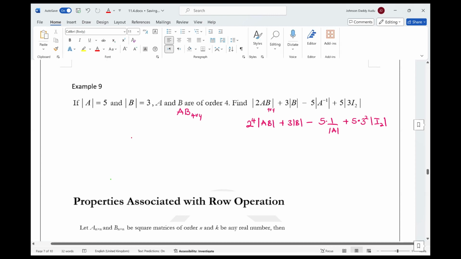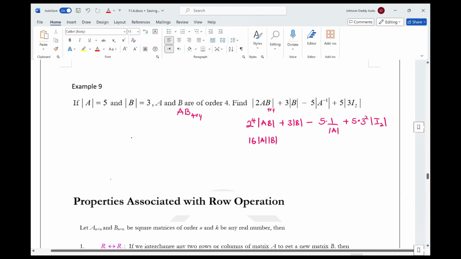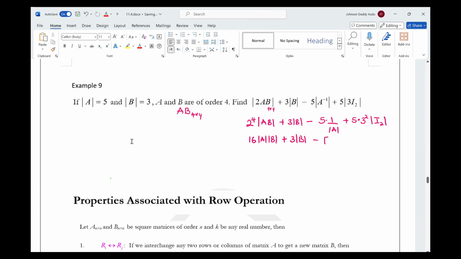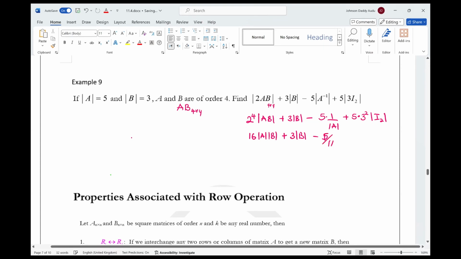So now this 2 to the power 4 is nothing but 16. This you can break as determinant of A times determinant of B. Then plus, let me just repeat this one. This will just be 5 over determinant of A plus, this will be 9.